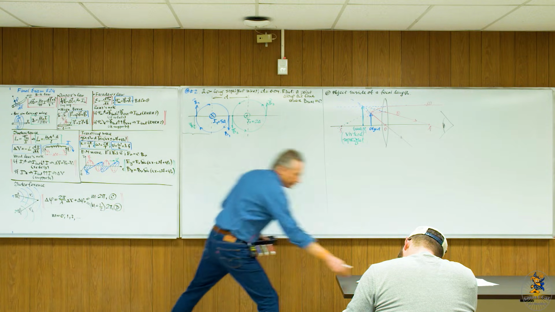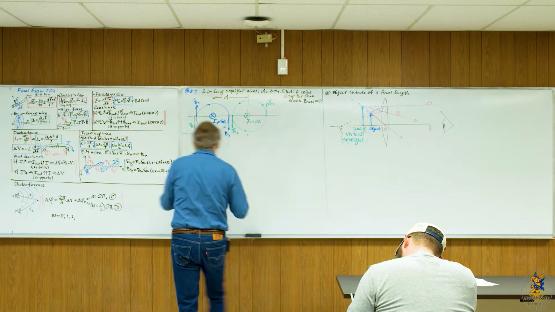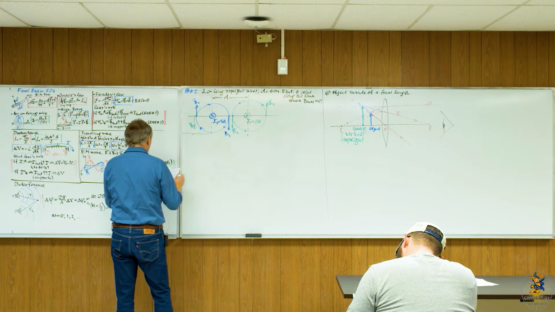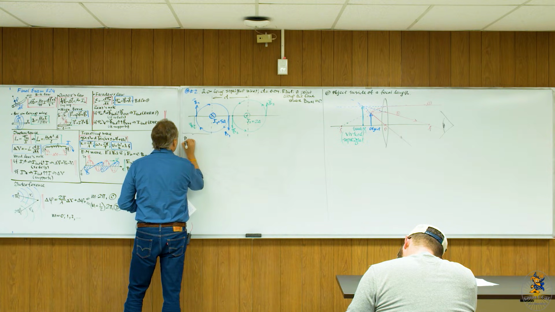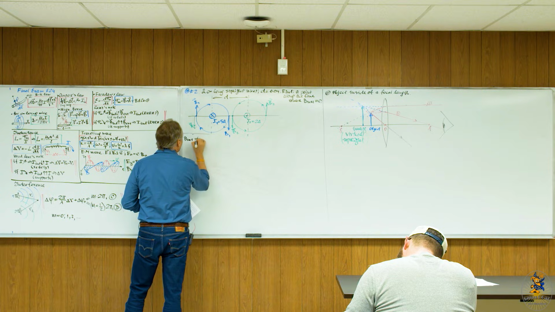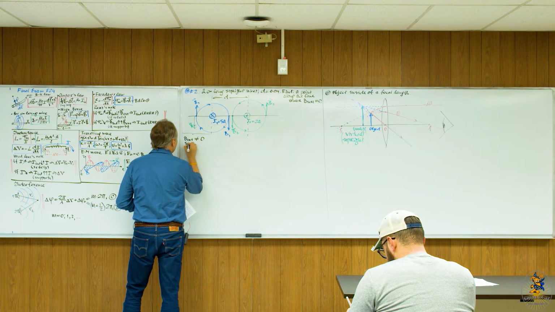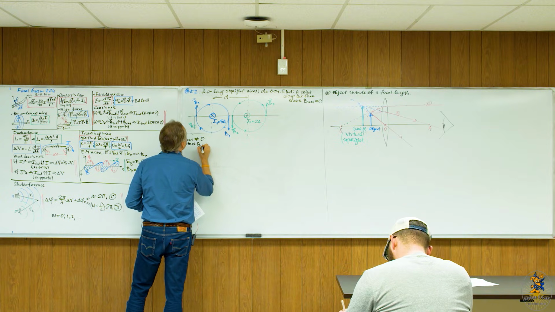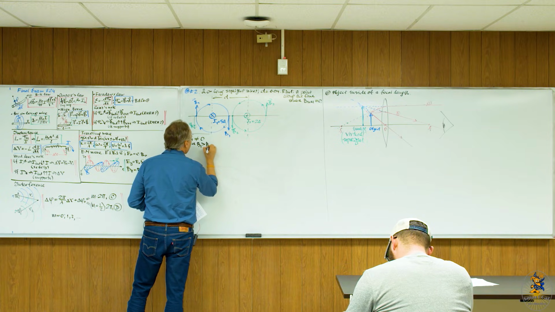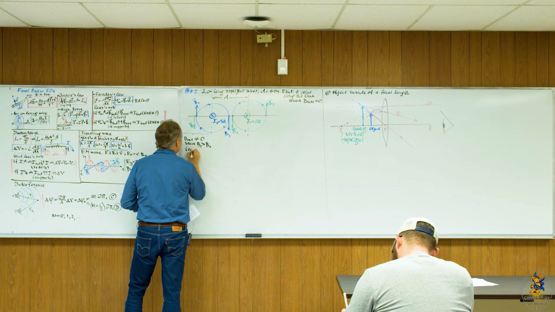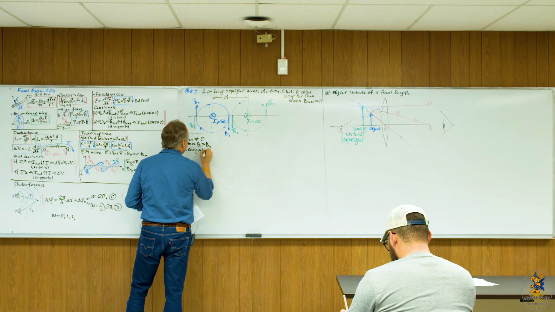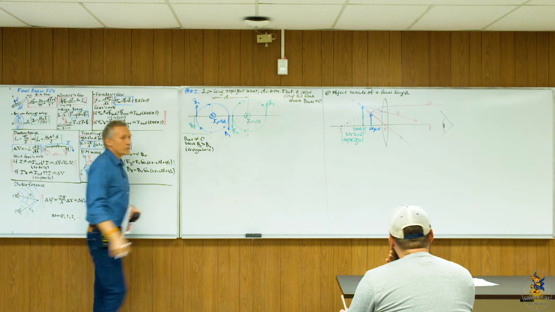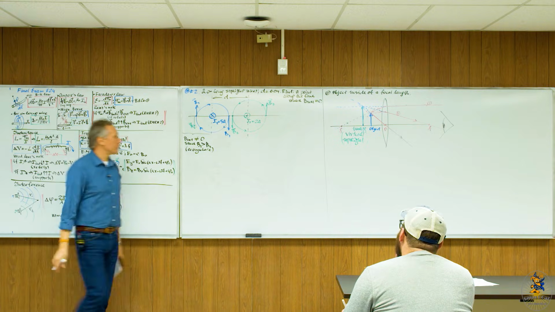So anyway, let me write something. B net is not equal to 0 since B1 is larger all the time than B2 everywhere. Okay, so that region can be excluded.